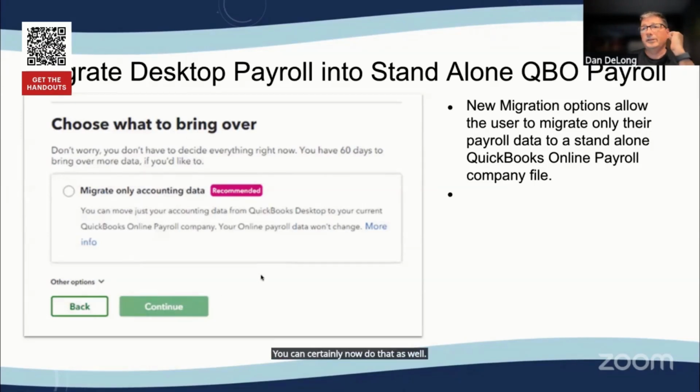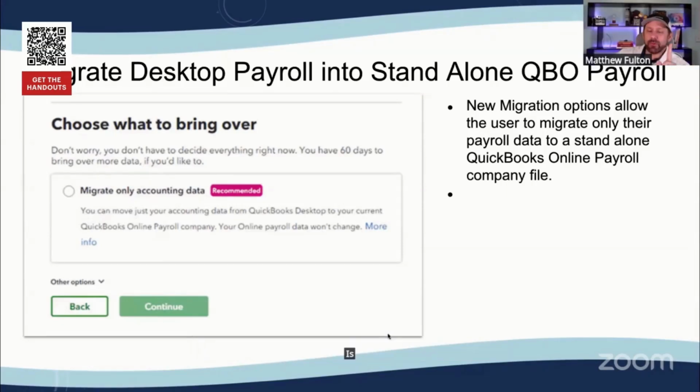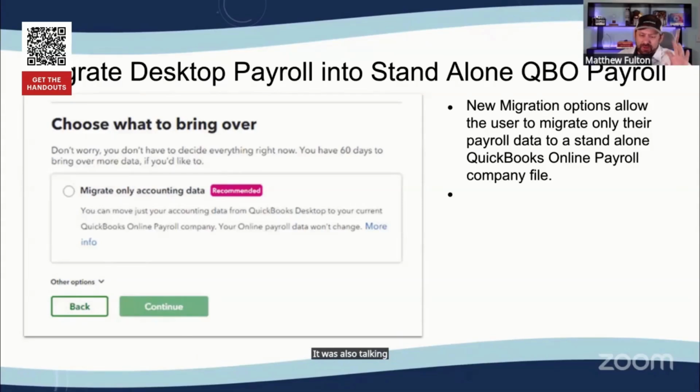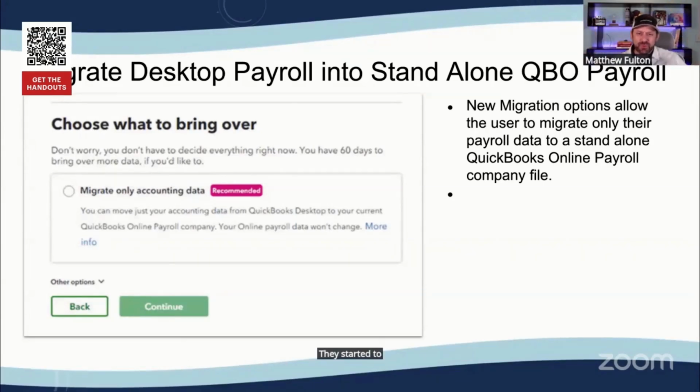A couple other superficial things with QuickBooks is now. Real quickly though, before you jump off that, just to close this one out, I found confusing on this is when I dove in deeper to try to get more information, it was also talking about if you've got a disparate QuickBooks Online payroll and you still have the desktop stuff and you want to get the stuff to all match together, they started to explain this round tripping situation.